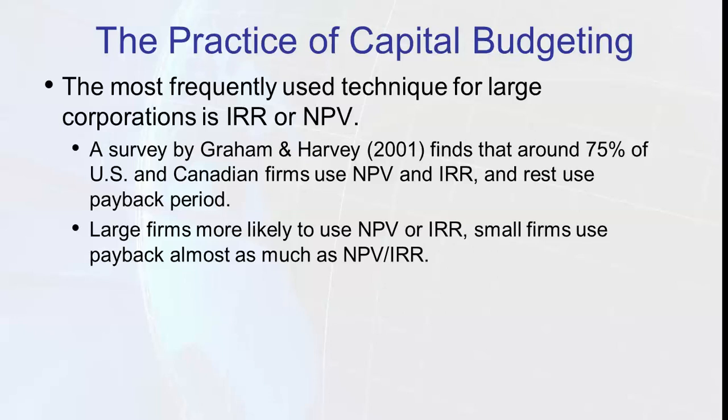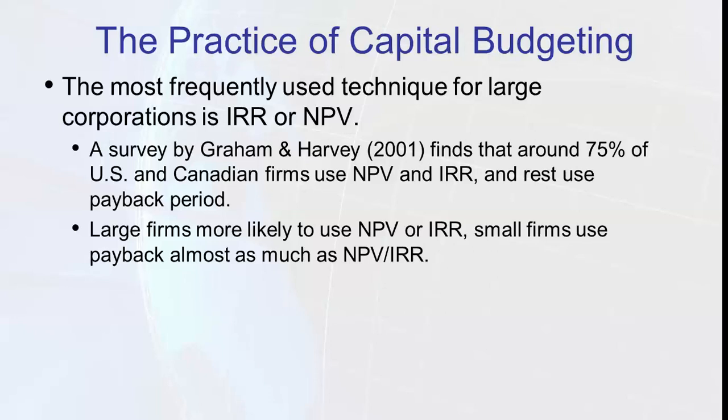So, which techniques are better? Well, the most frequently used techniques for large firms in large corporations are NPV and internal rate of return. Graham and Harvey published a paper in 2001 and found that about 75% of the US and Canadian firms use NPV and internal rate of return, and the rest use the payback period.